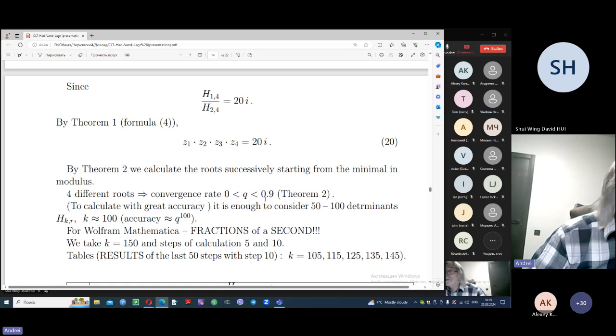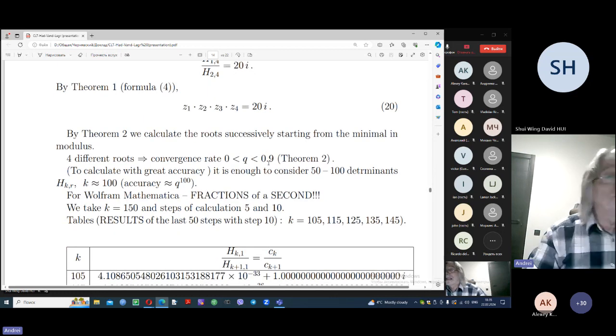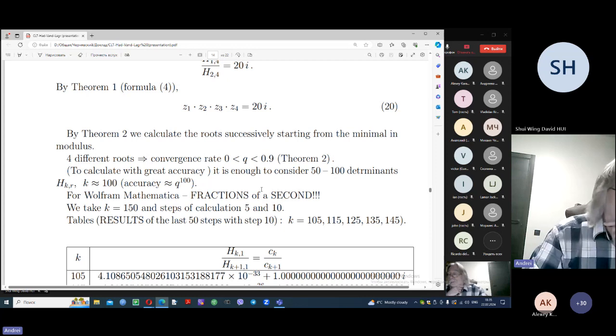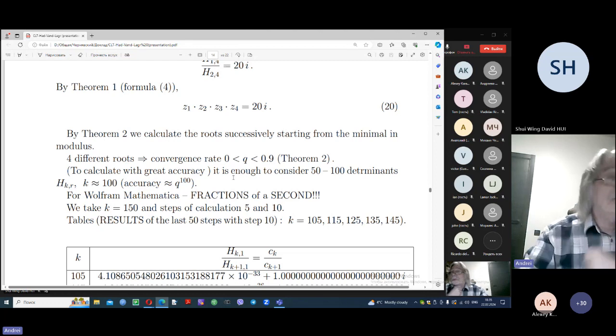But in fact, since the convergence is geometric, it's enough to consider, say, 50 or 100 determinants with the corresponding answers that we have.